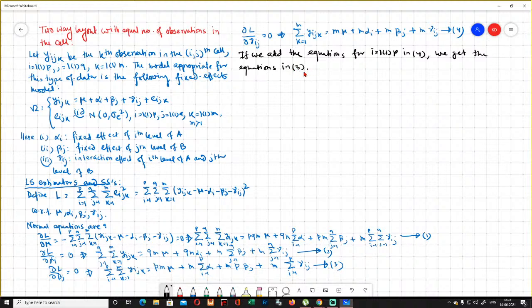Similarly, if we add the equations in 4 for j from 1 to q, we get the equations in 2.